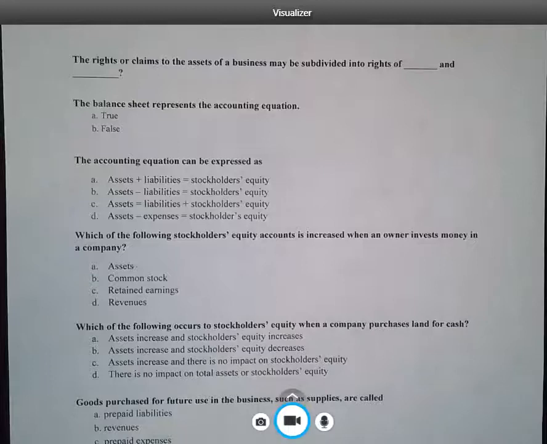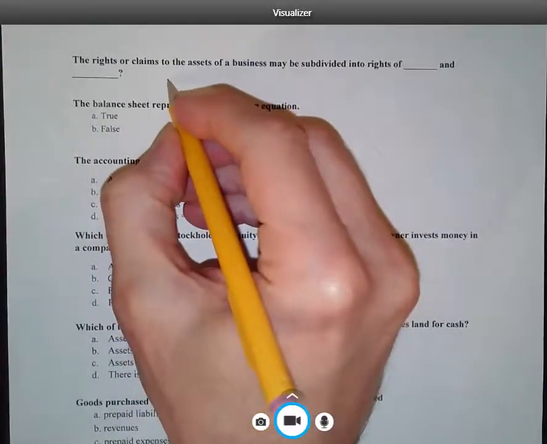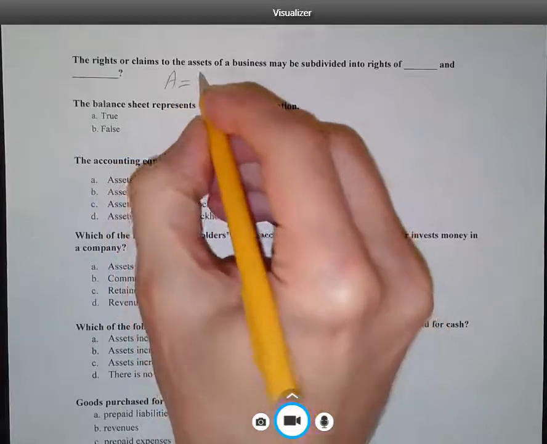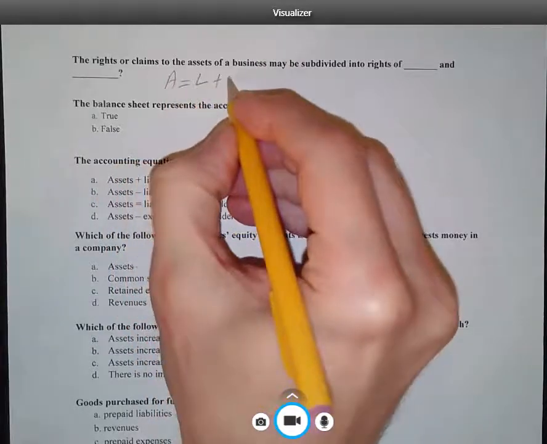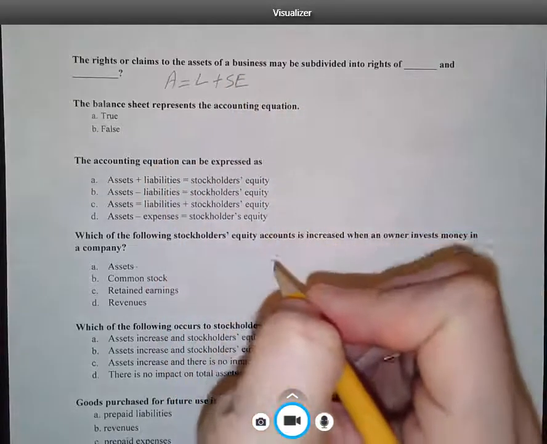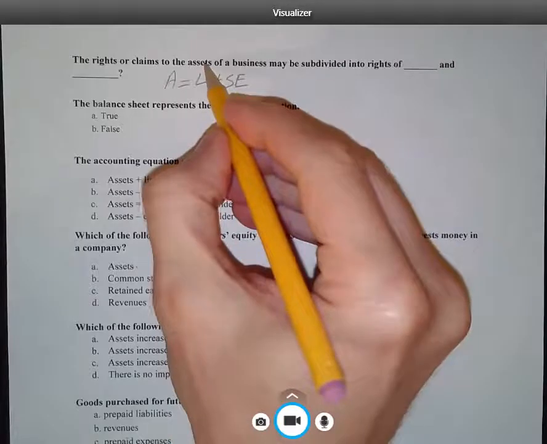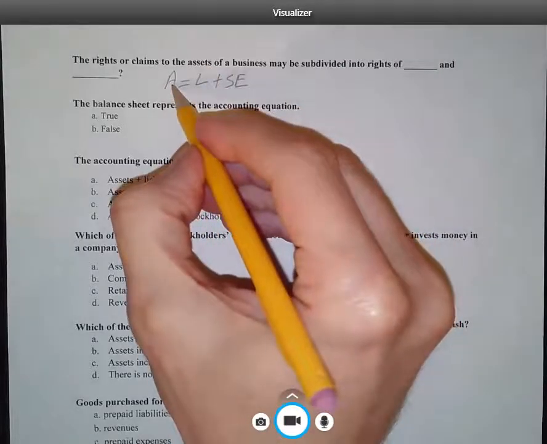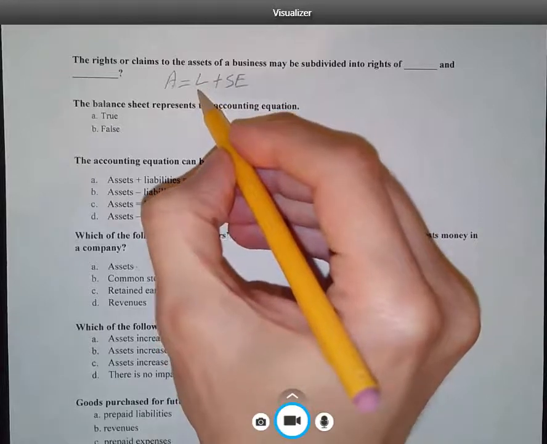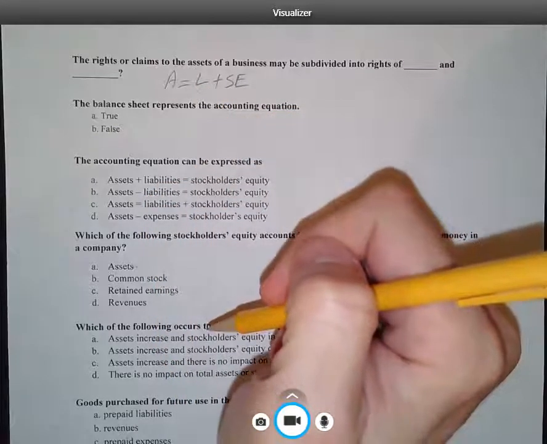So let's go ahead and put, I'm going to abbreviate here, assets equal liabilities plus stockholders' equity, okay? And the assets that they're talking about refer to these assets right here, right? So when we talk about liabilities, liabilities to who?